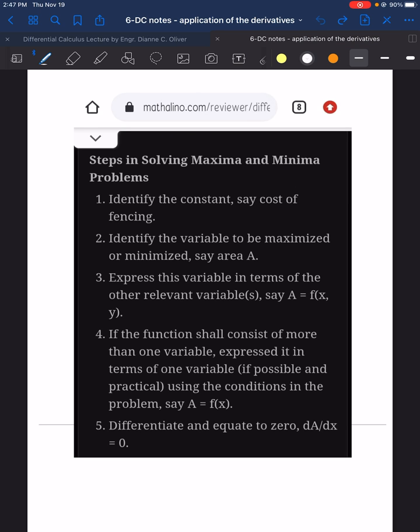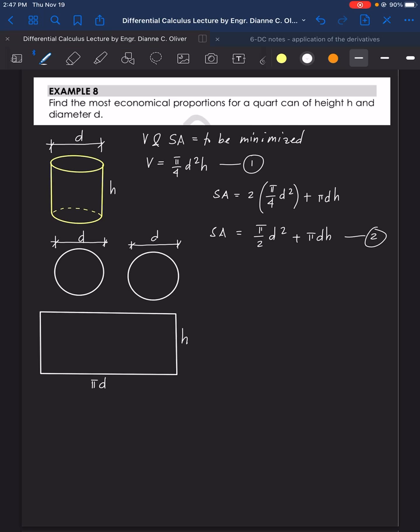Next, step number 5, differentiate and equate to 0. So we will differentiate and equate to 0 the ones being minimized. So dV over dx, we're not using x anymore. We are using variables d and h. So which one are we going to use? Well, you can use either of them.